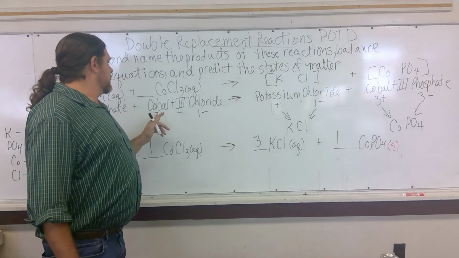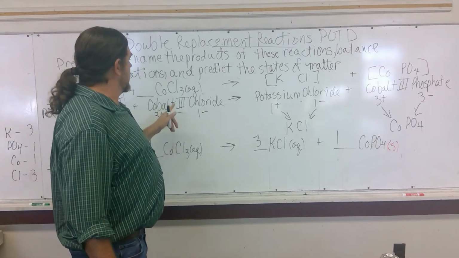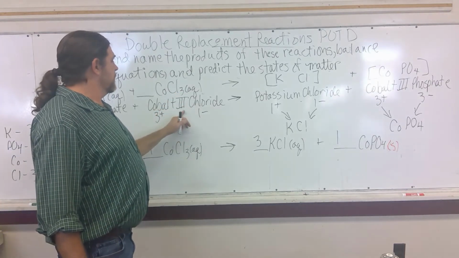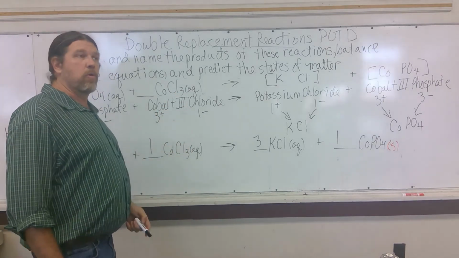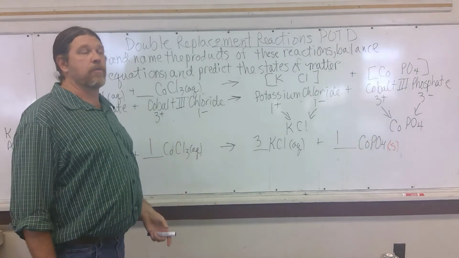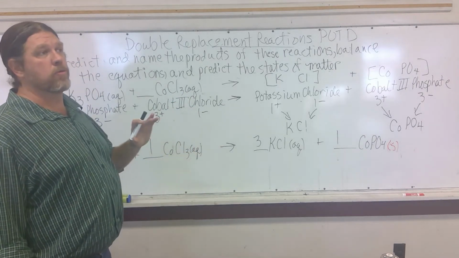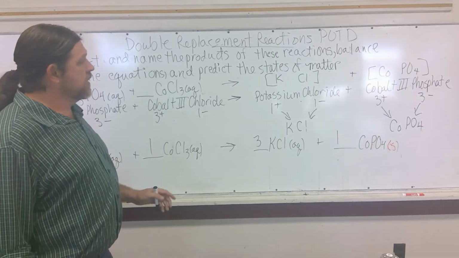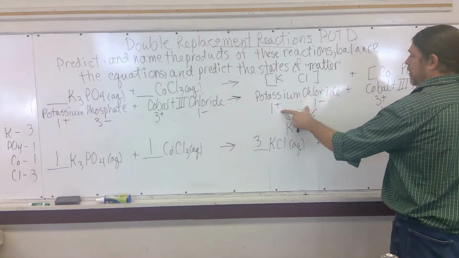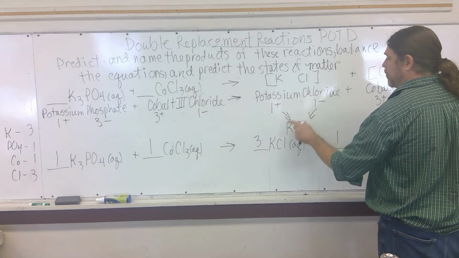We assume that cobalt has to be in the +3 state because it is with 3 atoms' worth of -1 chloride, so it needs to be a +3 to offset the -3 and be a stable, neutral, zero-charge compound. So we bring these charges over here, and we can see that we have perfect matches, +1, -1.